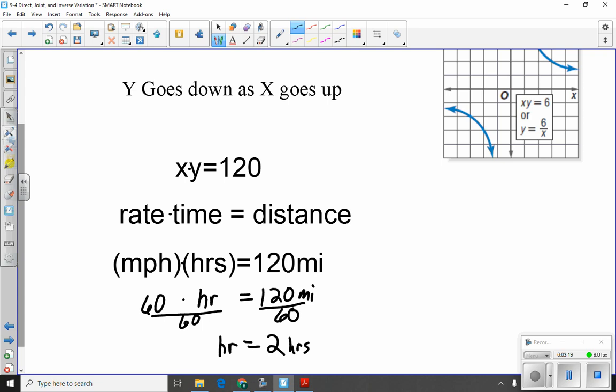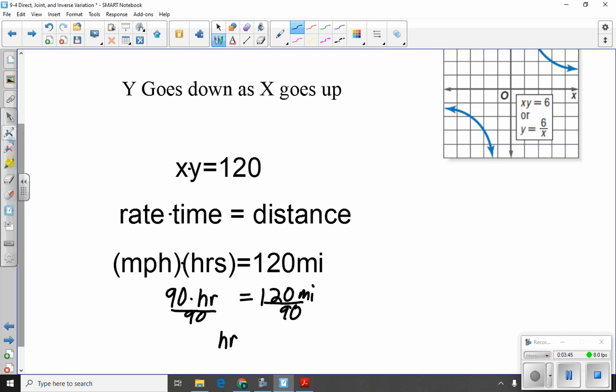But if I wanted to change this and I needed to get down there in a hurry, I could change my speed. And so if I travel, let's go crazy, let's go 90 miles an hour times how many hours. I can still solve, divide by 90, divide by 90.